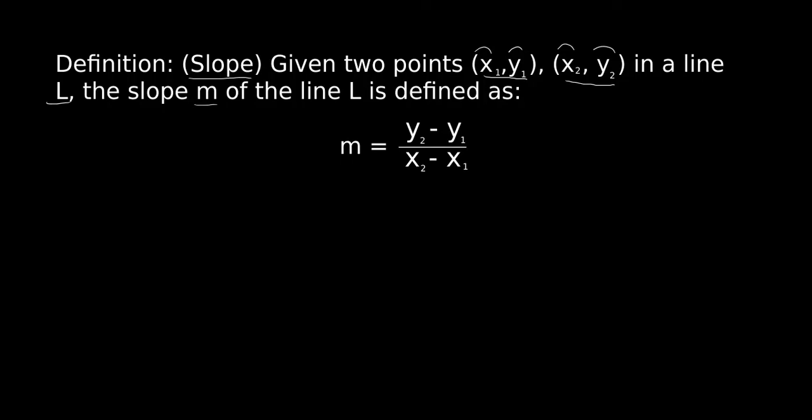So this is exactly what we just did in the example. We had 2 points and we were calculating the delta y and dividing it by the delta x. Let's see another example.